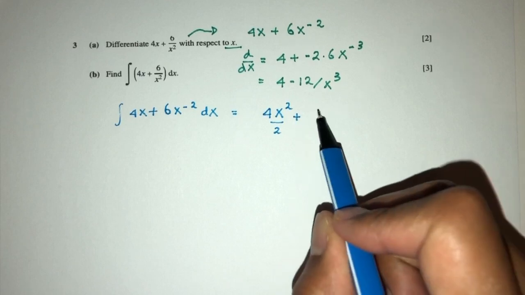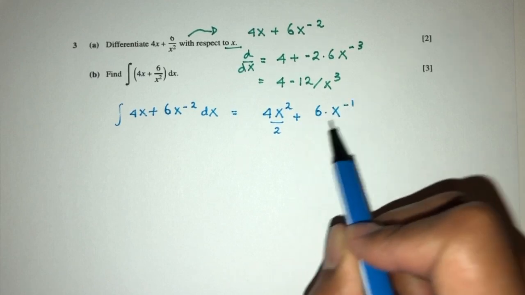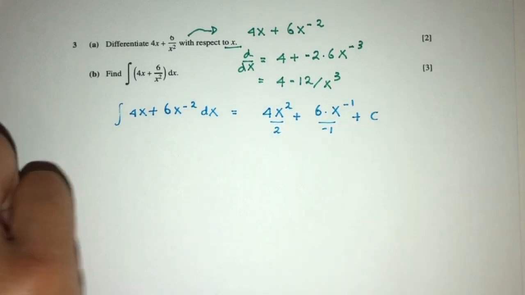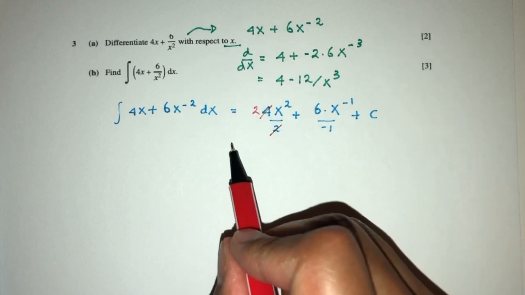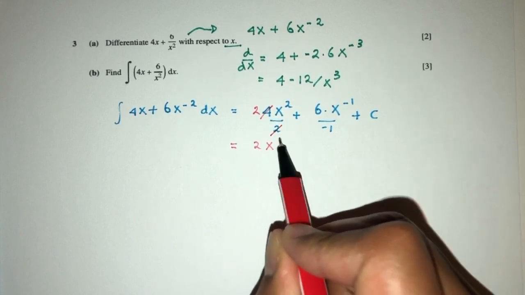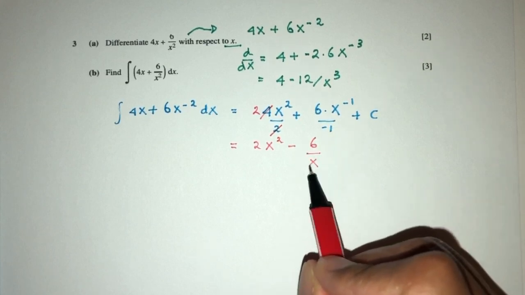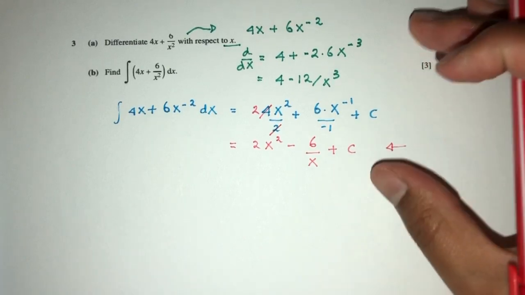Same thing for 6, increase the power by 1, that will be minus 1, divided by minus 1. Obviously, you have to write plus c for the constant of integration. So this cancels out with this, that will be 2. So you have 2x squared minus 6 over x plus c. And that will be your answer for this question.